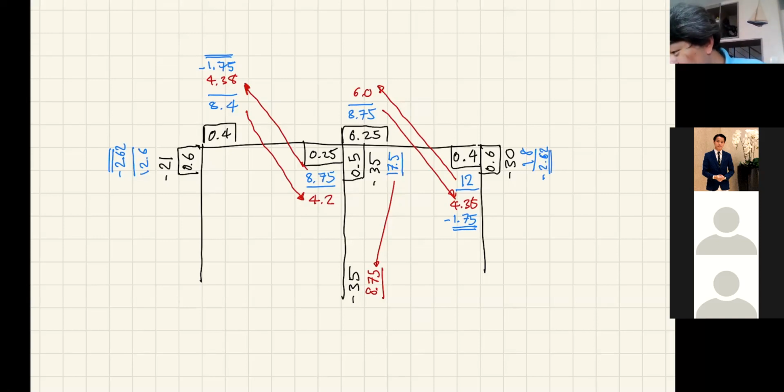For the column in the middle, we got 6 coming in and 4.2 coming in. So that's 10.2. 50% of that is minus 5.1, and then divided by 2, it's about 2.55.